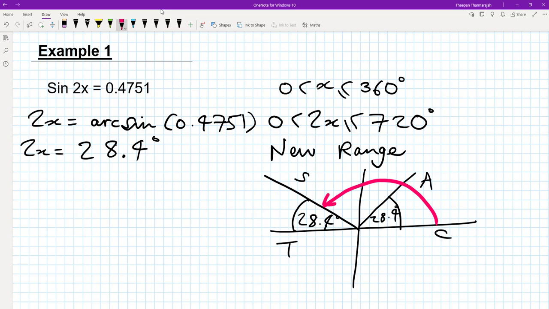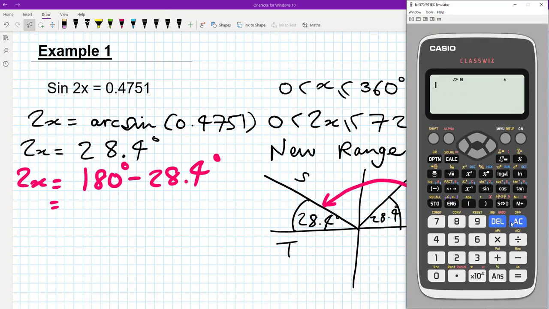So that's our second solution. So 2x is 180 minus 28.4 degrees. That gives me 151.6.